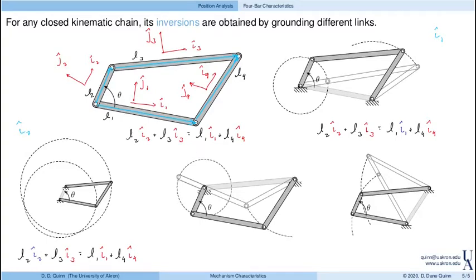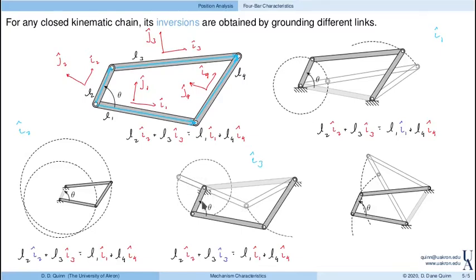Then, if I ground a different link, in this case I will ground link 3. So I3 is known. My loop closure equation looks very similar, except now I3 is known, and 2, 1, and 4 are variable directions. This is also a 4-bar crank rocker mechanism, right?